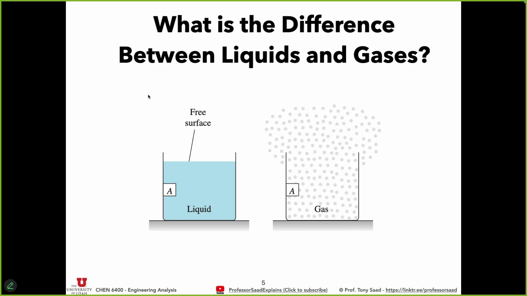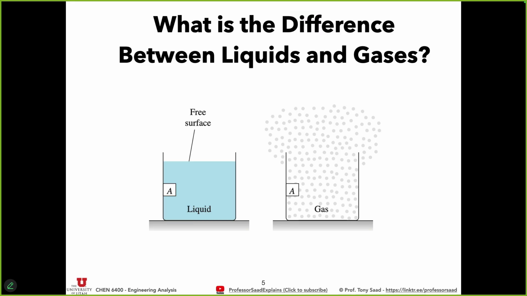Then what's the difference between liquids and gases? Every layperson understands intuitively the difference between liquid and gas. Any person understands naturally, this is a gas versus this is a liquid. But there are also specific definitions.